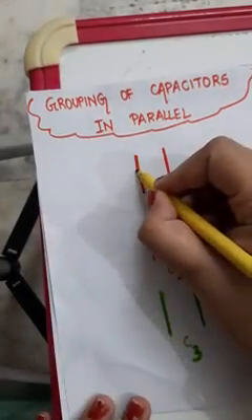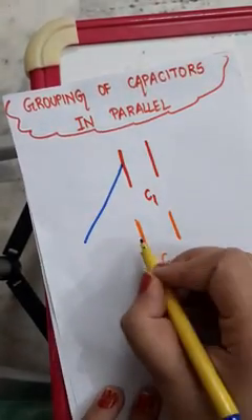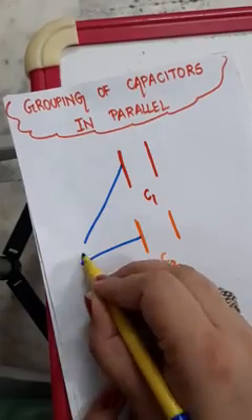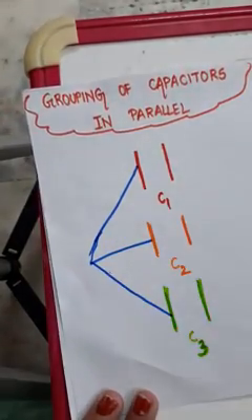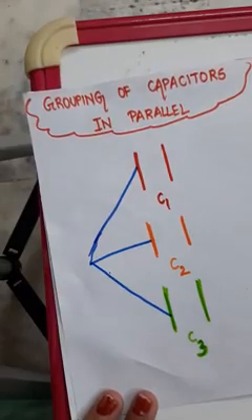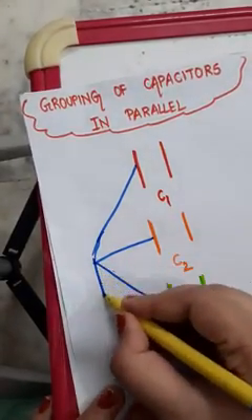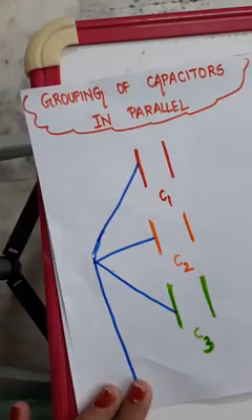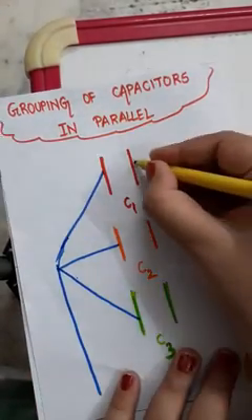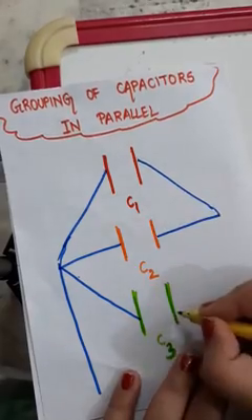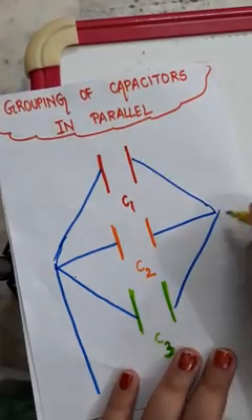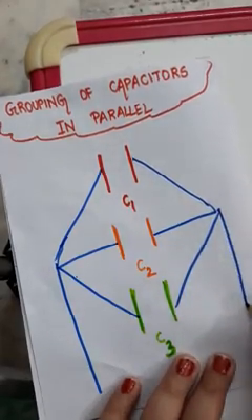This capacitor's left plate, this capacitor's left plate, and this capacitor's left plate, they all are connected. And this way we can show it. Similarly, the right hand plates of all these capacitors, these are connected together.